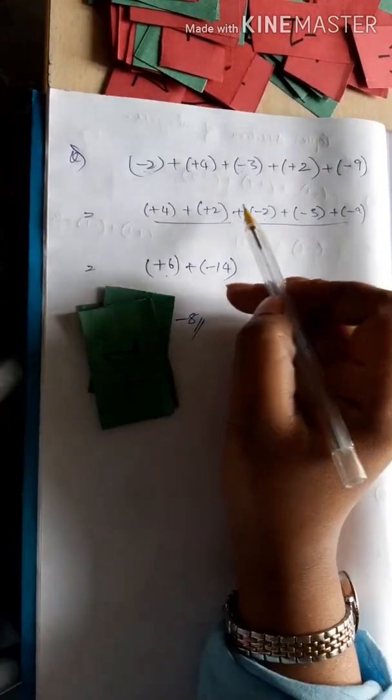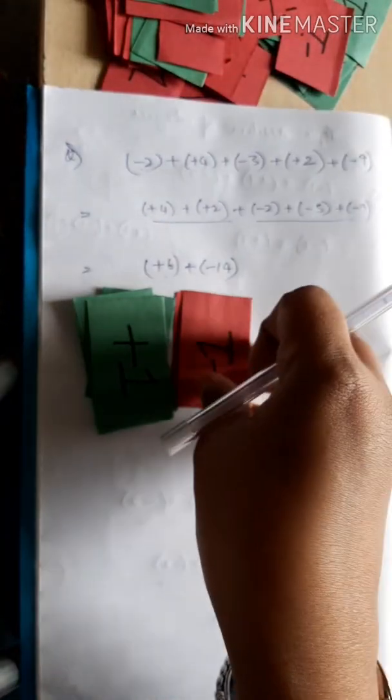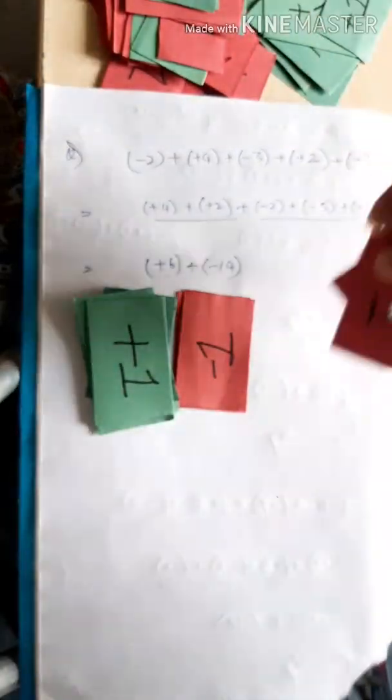Now plus 2 indicates 2 red cards. Both are red, I'm adding. Next, minus 2 means 2 red cards. Minus 3 means 3 red cards.